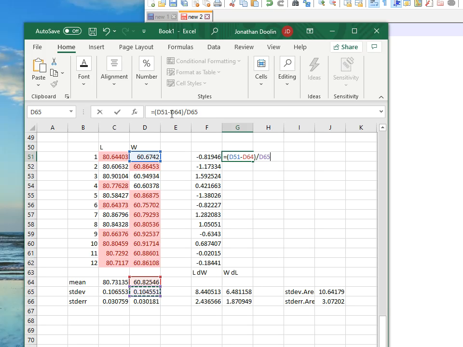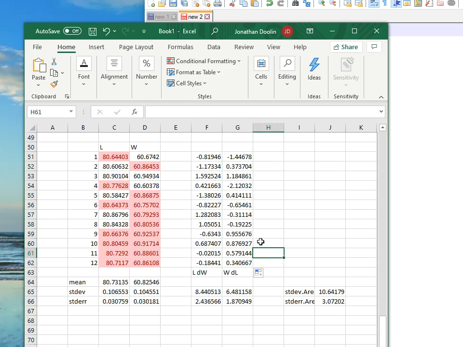Once again, for the mean and the standard deviation, we have to put in those dollar signs. Copy that down, and every one of these formulas, since we use the dollar signs, will be referencing those two quantities.